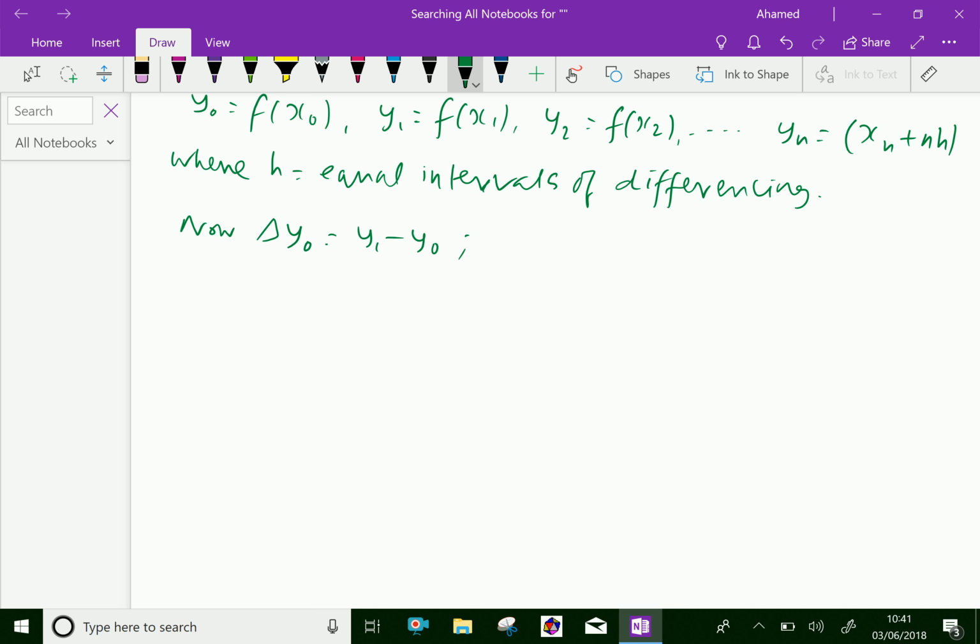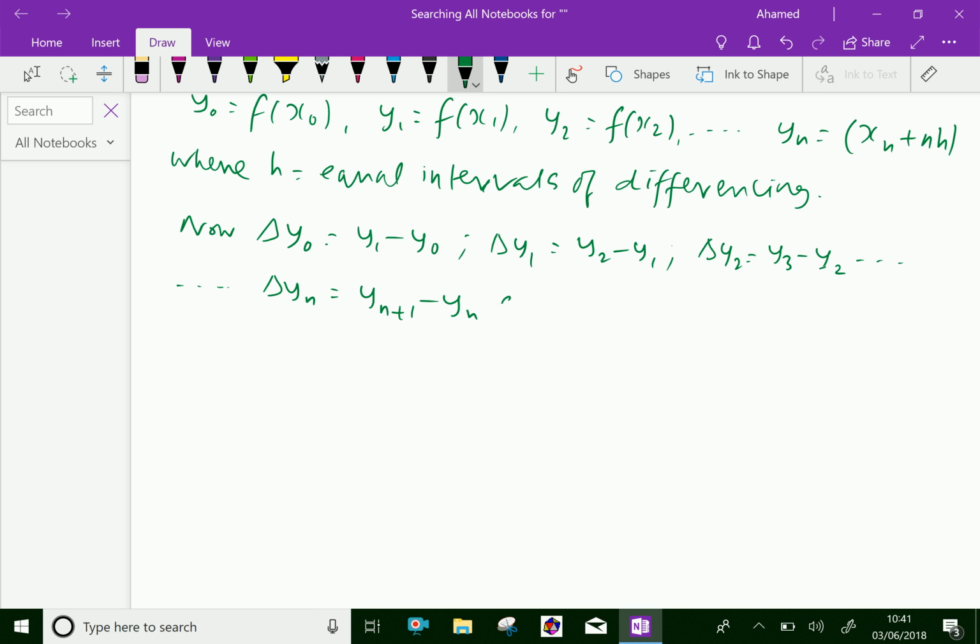Delta y1 equals y2 minus y1, then delta y2 equals y3 minus y2, and like that, delta yn equals y of n plus 1 minus y of n.